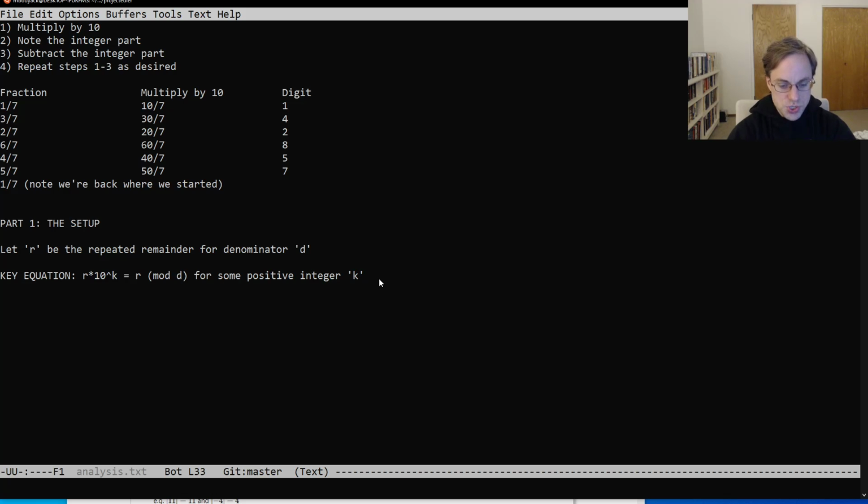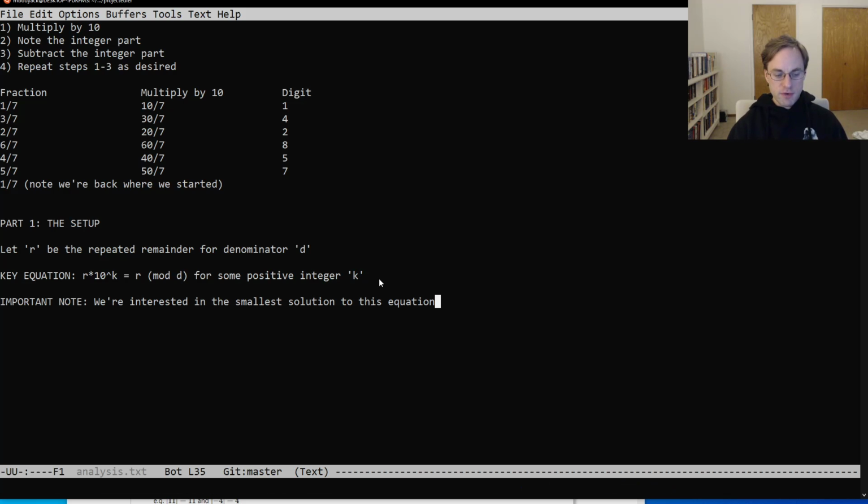I also want to make an important note. We're interested in the smallest solution to this equation. You could imagine, for example, with our example up here, the decimal expansion of 1/7 is 0.142857.